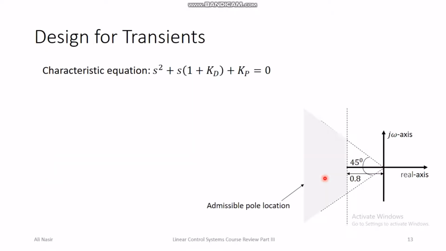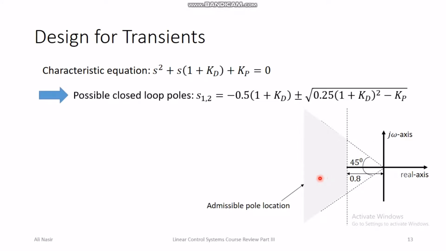Then we look at the transient specifications, and the possible closed loop locations for the system are given by this equation. Remember that we have not studied the root locus part yet, so we cannot apply root locus here. We just have to look at the equation that describes the roots of the closed loop transfer function.